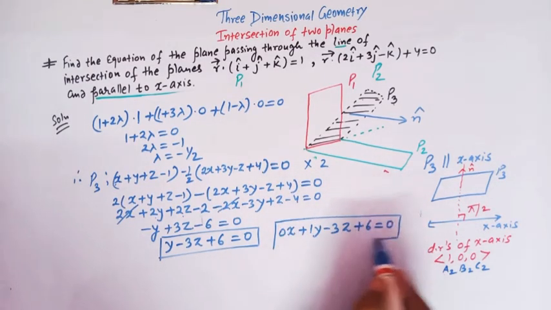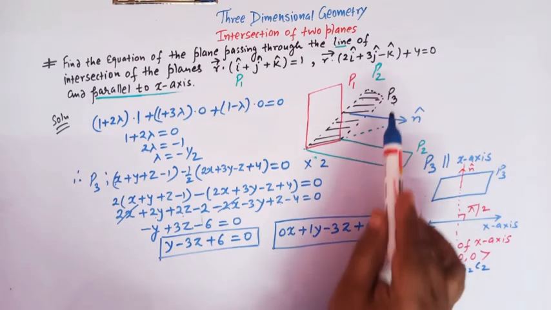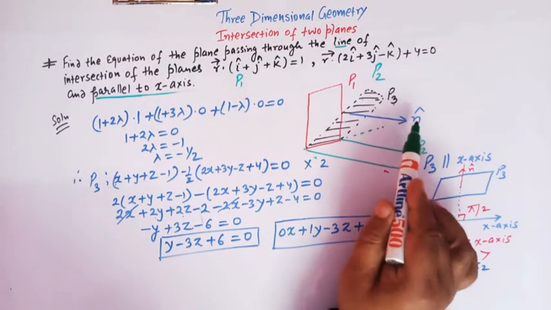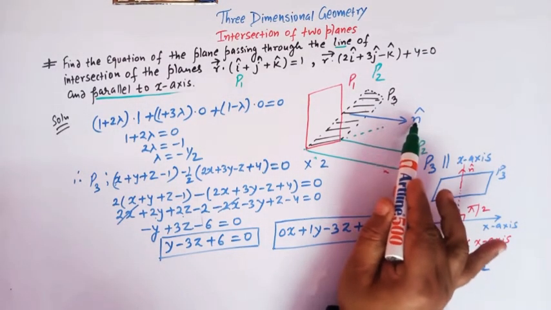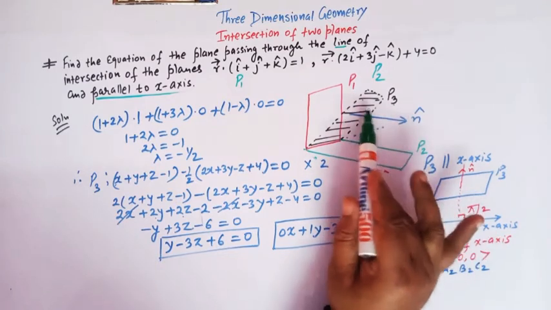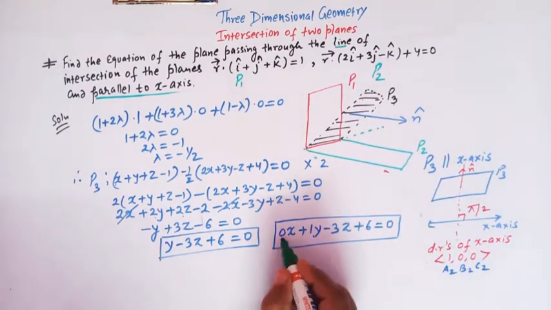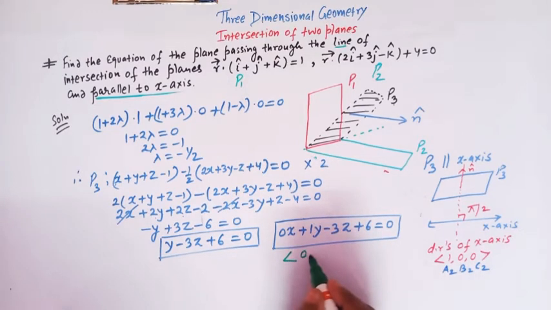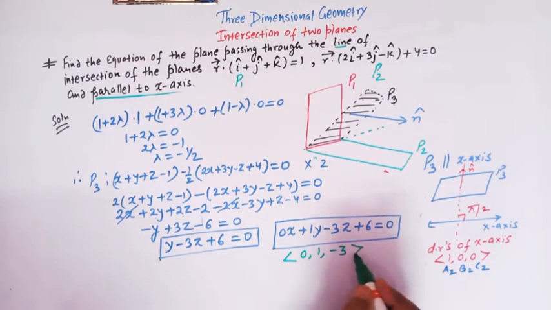So this is the Cartesian equation of this plane P3, and moreover the direction ratios of this normal vector to this plane P3 are given by the coefficient of x, y and z, which are 0, 1 and minus 3, right?